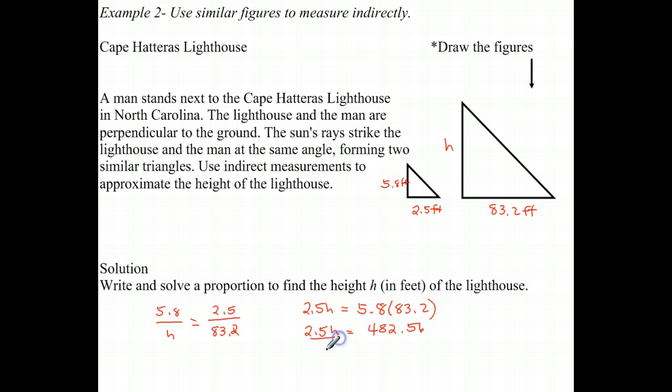To solve for h, I'm going to divide by 2.5. So the height of that lighthouse is going to be 193.024. It asked me to approximate, so it's going to be about 193 feet tall.